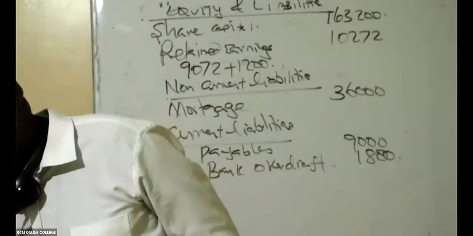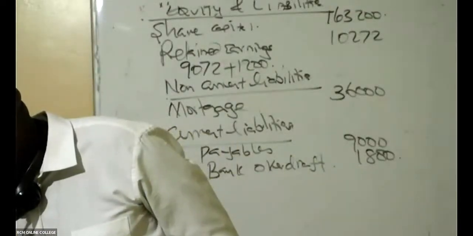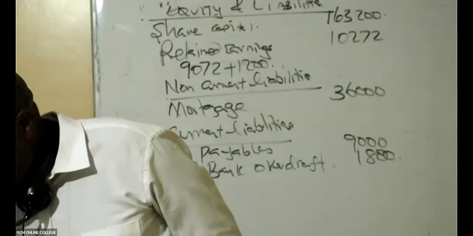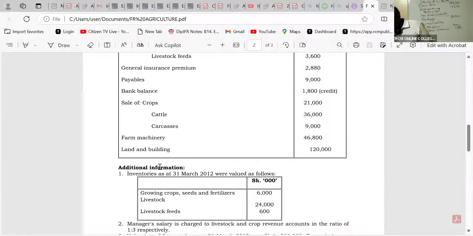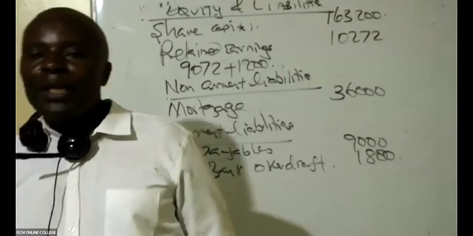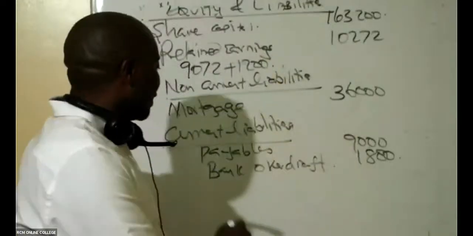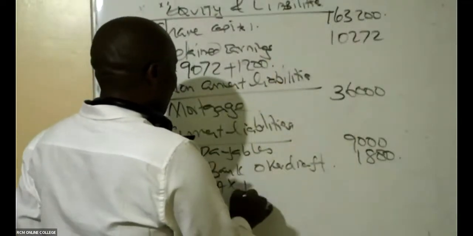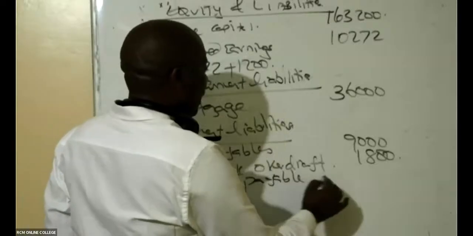If you look at tax payable, thank you very much, Harvey. Income tax expense is 1,800, and it is to be provided. It has not been paid. Normally we compute tax at the end of the year, and then we pay the following year. So it's tax payable.